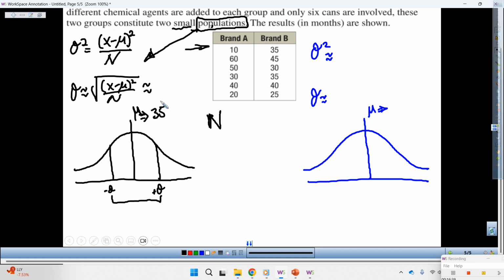AJ, what'd you get? 14.2. Hands if you got something like that? Did you use the long way? Or did you use a shortcut? Okay.